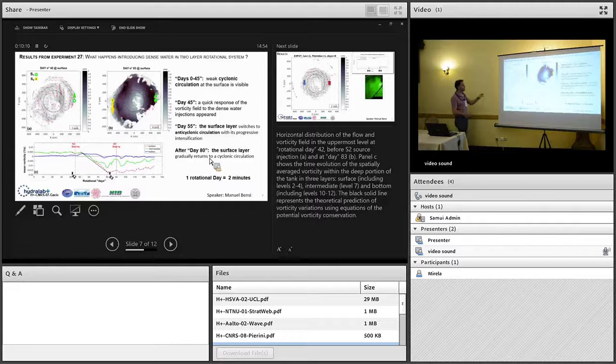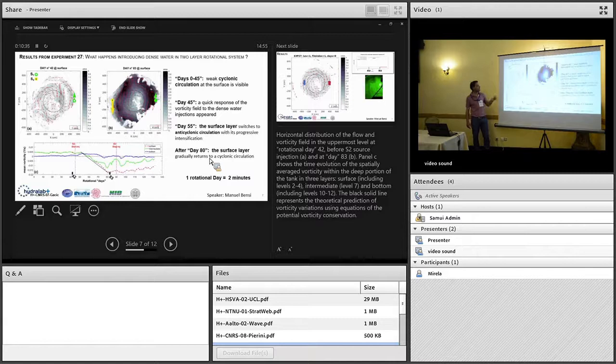So here you have a snapshot of the results. You have the vorticity at 2 time steps during the experiment, and the evolution of the vorticity at 3 layers: the surface, which is an average value of the vorticity in the first 3-4 layers, the intermediate layer, that is the green, and the bottom layer.